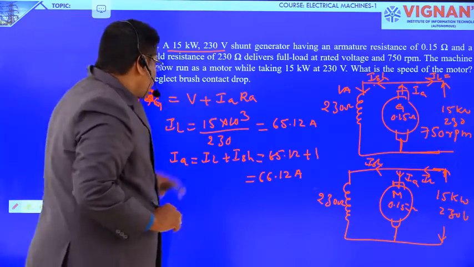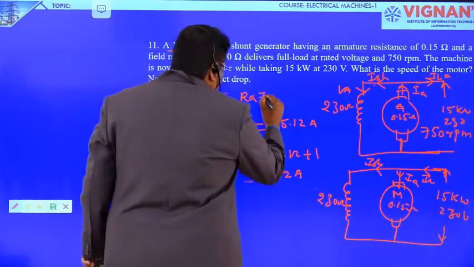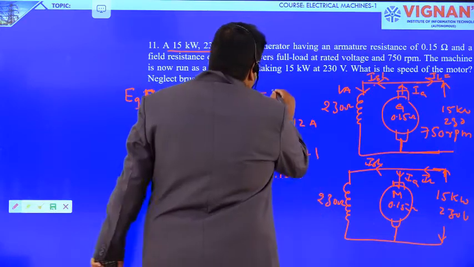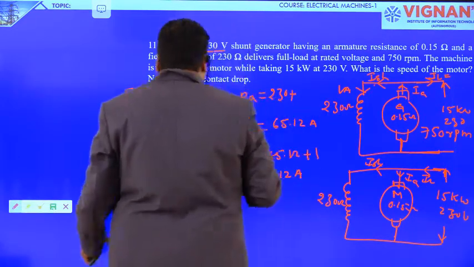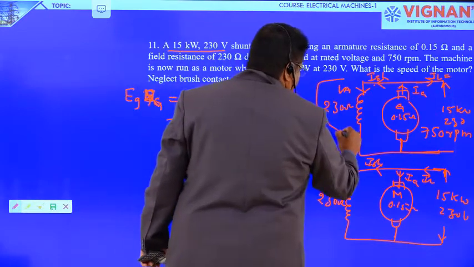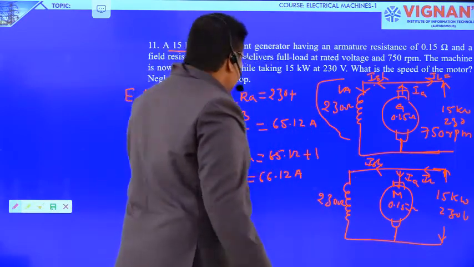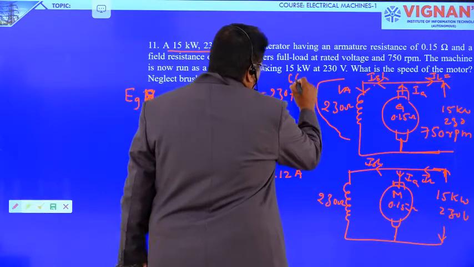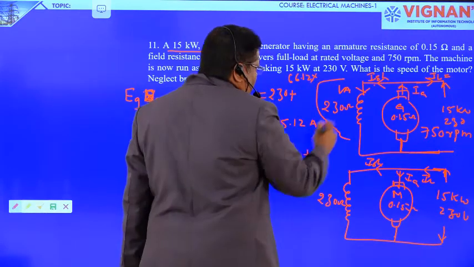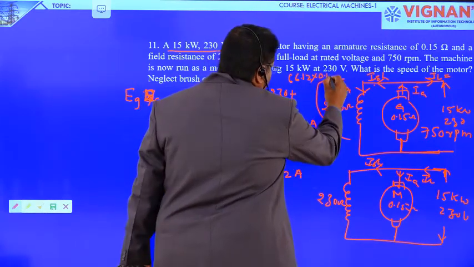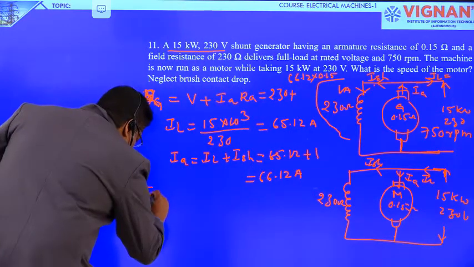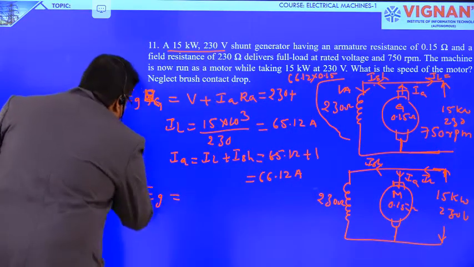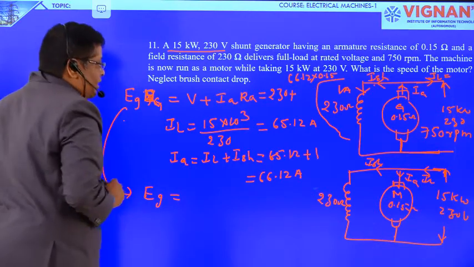Now if you solve this one, you are getting the voltage as 230 plus 66.12 into armature resistance 0.15. We are getting the EG value. See here, I have taken the EG value, the generated voltage.